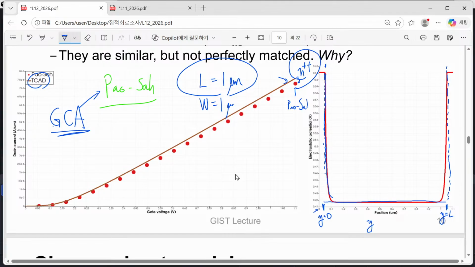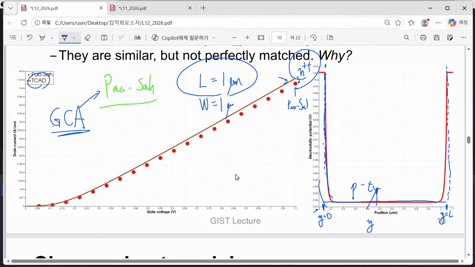Here we have N plus plus, and here we have a p-type substrate. At the beginning of our lecture course, we first talked about the Debye length. When doping is changing abruptly, we need a certain length scale to compensate that effect, which was measured as the Debye length.